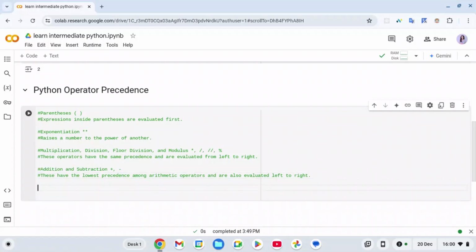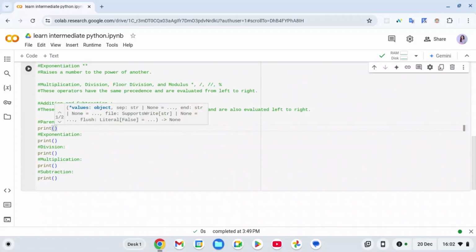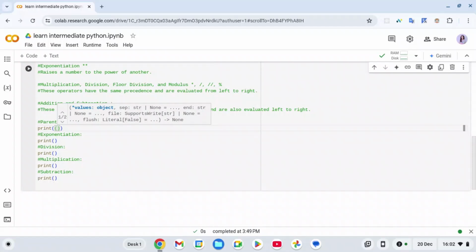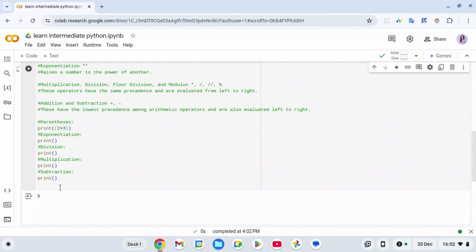So let's give an example for each of these. Okay guys, for the first example, which is parentheses, we have the brackets and then 2 plus 3. And when we run the code, we'll get 5.